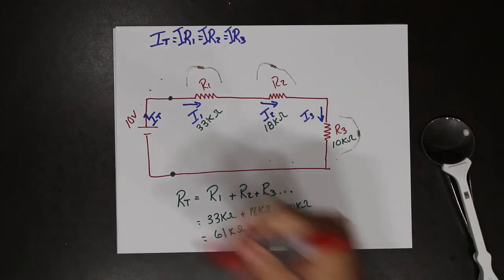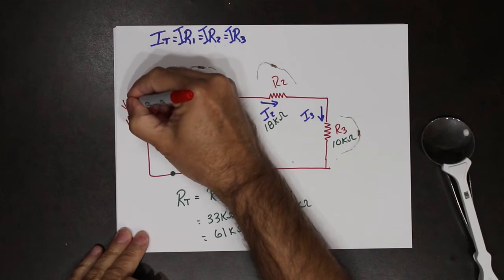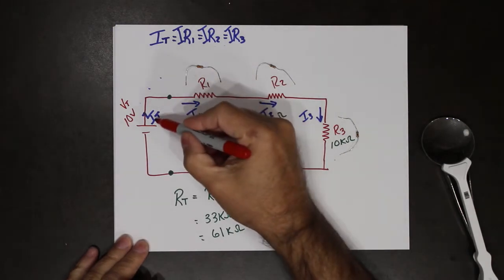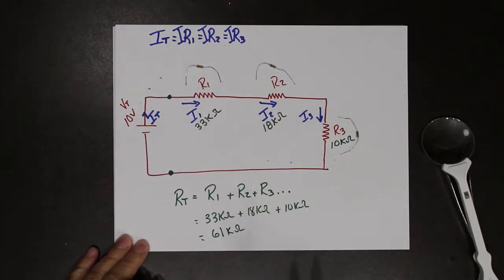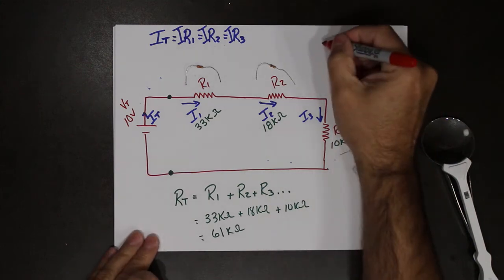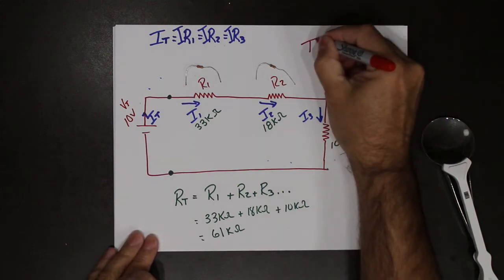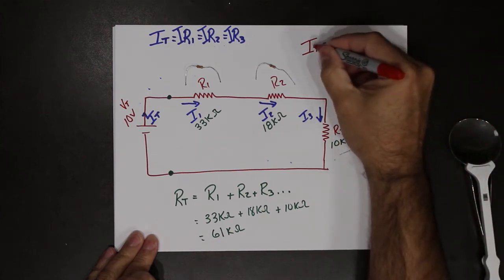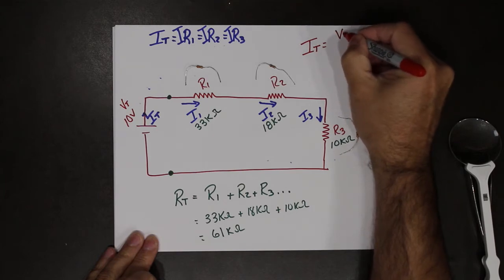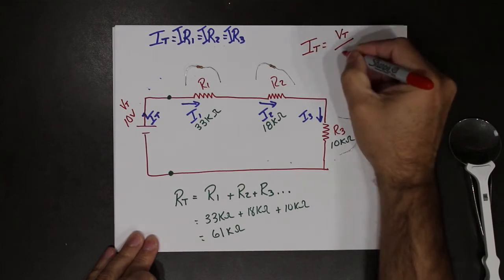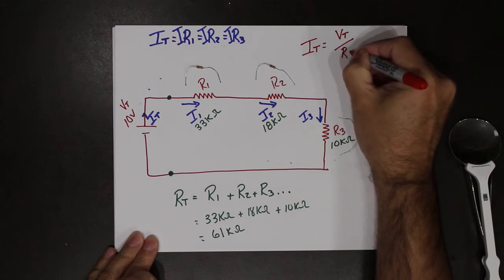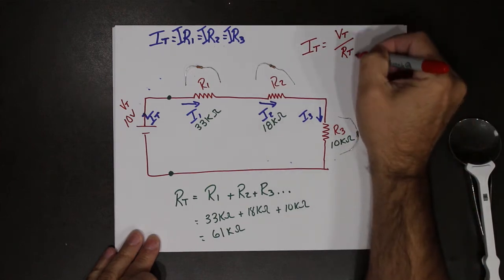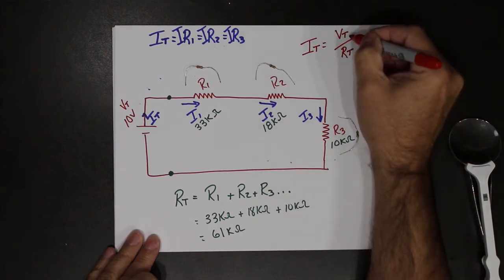Our total voltage applied is 10 volts. So what is the total current flowing in that circuit? According to Ohm's law, current is equal to voltage divided by resistance. You'll notice that I'm using totals here.